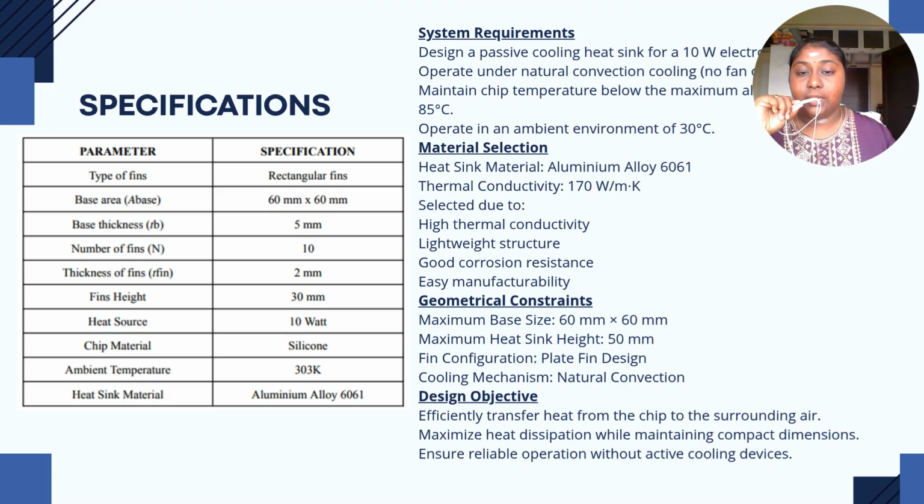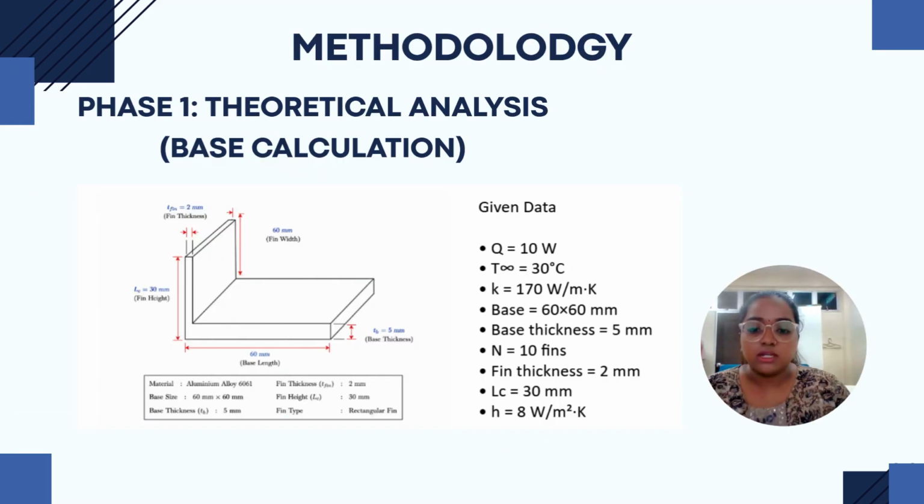Therefore, the heat sink must be able to transfer heat efficiently from the chip to the surrounding air while maintaining a compact size. The main design objective is to reduce the chip temperature, improve heat dissipation, and ensure reliable operation without using active cooling devices.